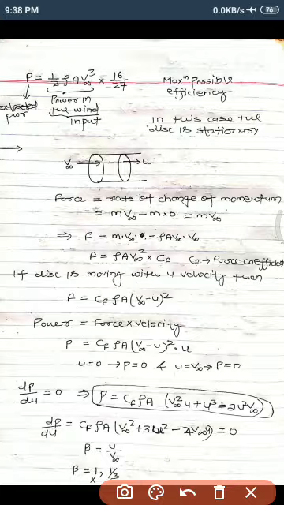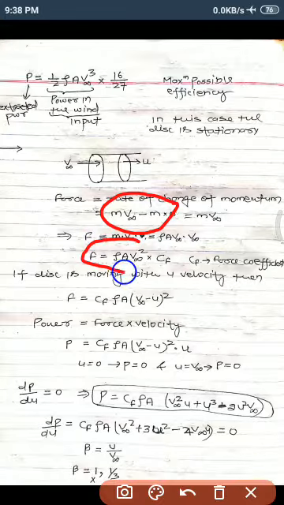If this blade is moving with velocity u, then the force applied on this blade will be equal to the rate of change of momentum. Suppose the total momentum is converted into force, so the velocity after colliding with this blade becomes 0. Then the total momentum can be considered as m into V∞, and in place of m we put ρ A V∞, so the total force is ρ A V∞².